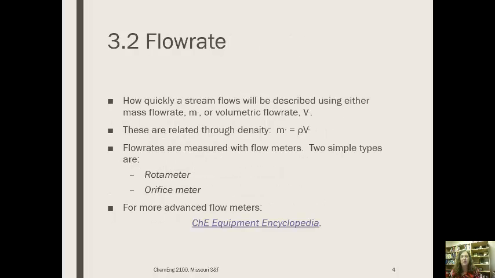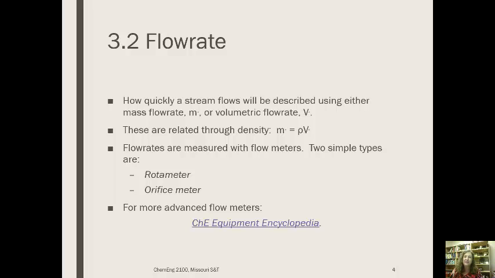We also frequently want to talk about flow rate. Okay? So how quickly a stream flows is going to be a flow rate. This may be a mass flow rate or a volumetric flow rate. Now ideally these are written as M with a dot on the top of it or V with a dot on the top of it. It's very difficult to get Microsoft products to want to do a dot on the top of a variable.